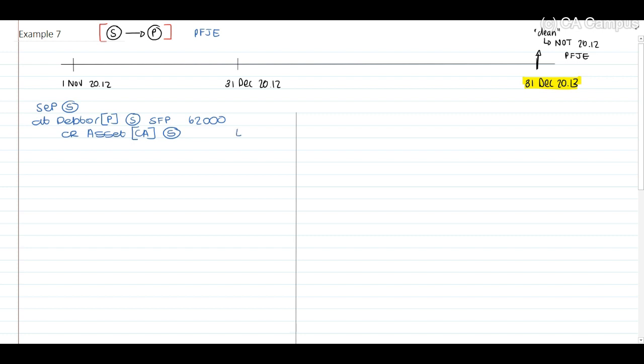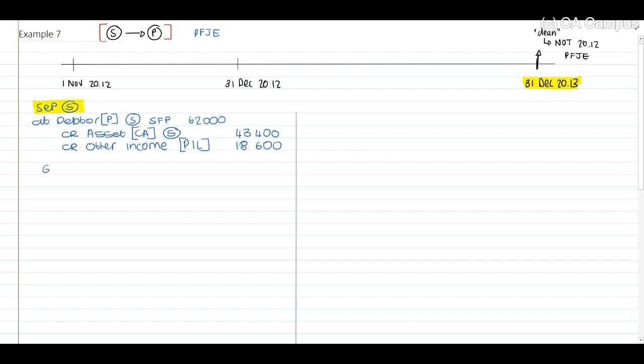And this will be with the 43,400. And then we will recognize an other income, which is the gain, the profit on the sale, in our profit and loss, and this is an amount of 18,600.